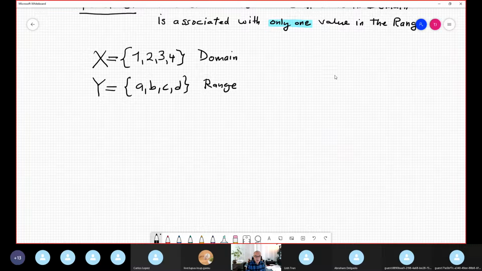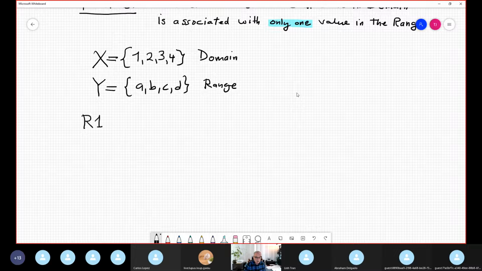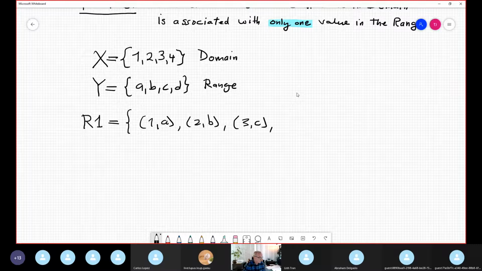Now, let's see relation number one. To understand function, you say that a function is a relation. Suppose this relation: 1, A. So you associate 1 and A, 2 and B, 3 and C, and 4 and D. My question is, is this relation a function or not, according to the definition?